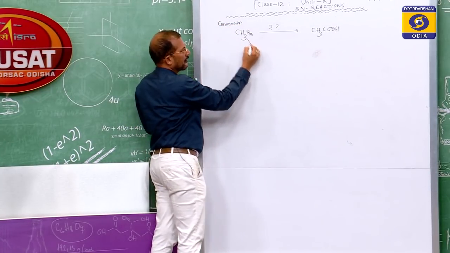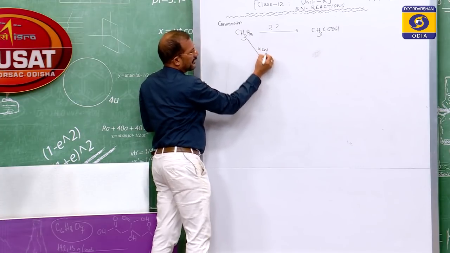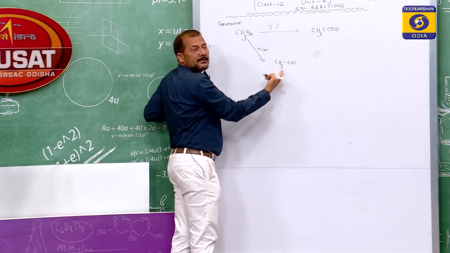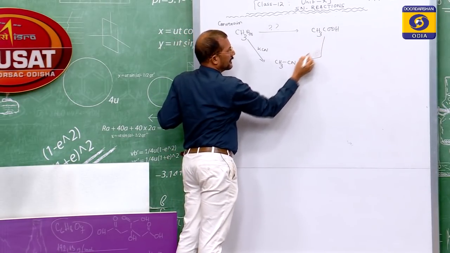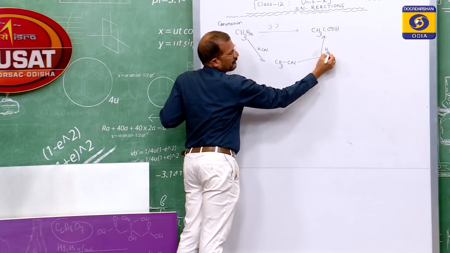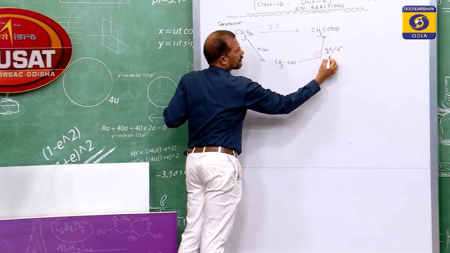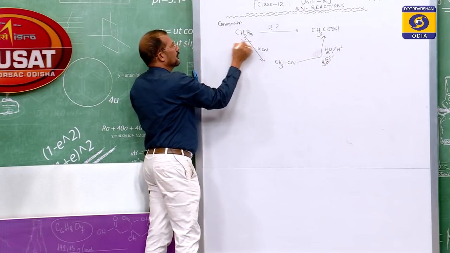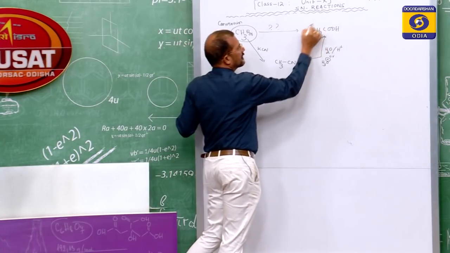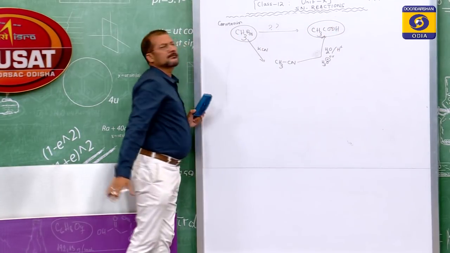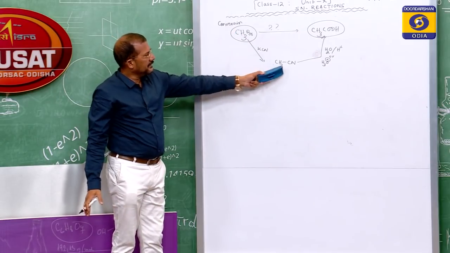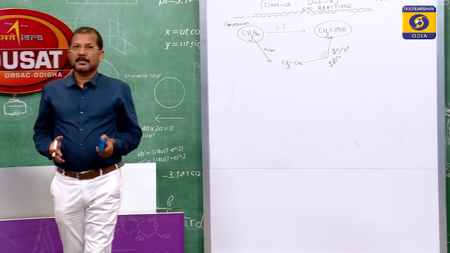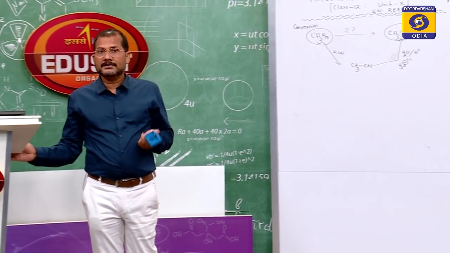Very simply, we can treat it with potassium cyanide, it will change into methyl cyanide or ethane nitrile, and this will be hydrolyzed in presence of acid, and it will be acetic acid. So methyl bromide can be converted into acetic acid by this reaction. So we will be discussing the next reactions of haloalkanes and haloarenes.